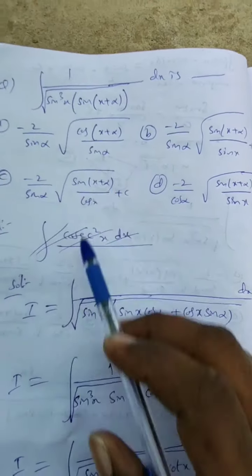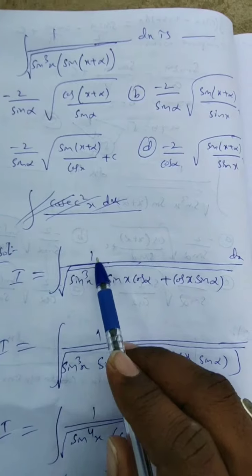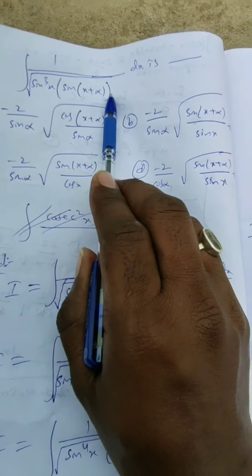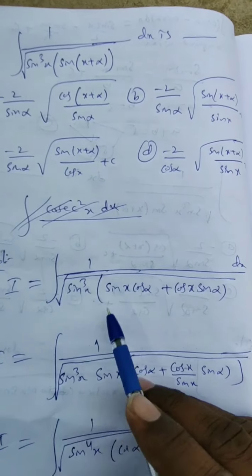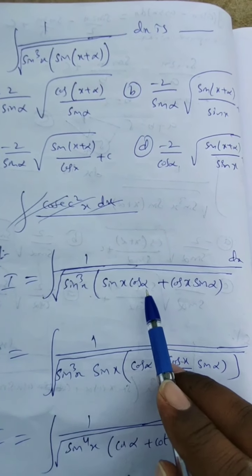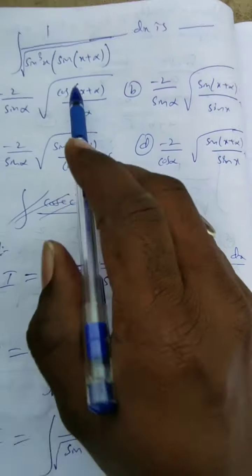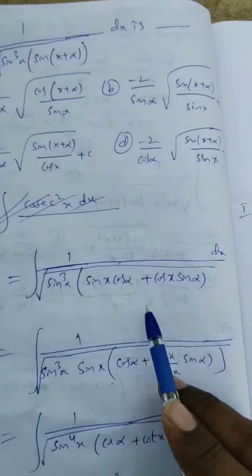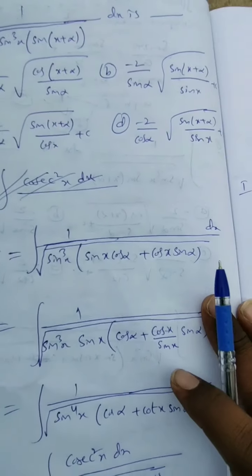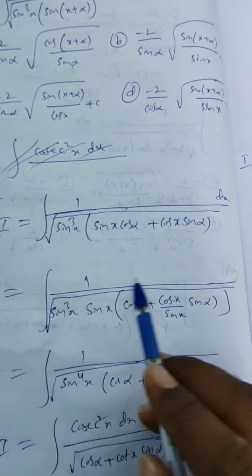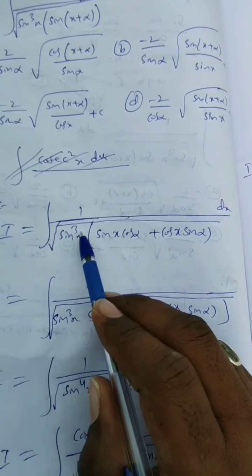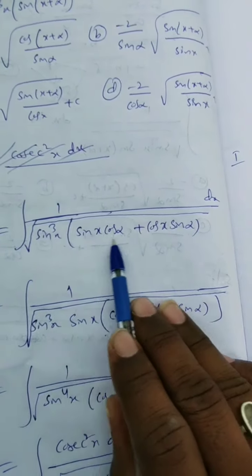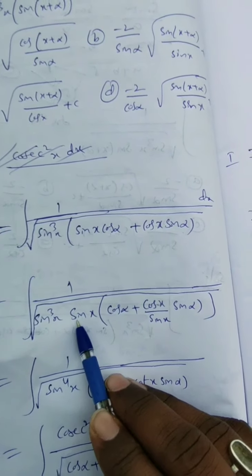So what I do here: I is equal to integration 1 upon under root of sine cube x into sine of x plus alpha. You know the sine a plus b formula, correct? Sine a cos b plus cos a sine b. So sine x into cos alpha plus cos x into sine alpha dx. To get sine cube x out, I take sine x common.